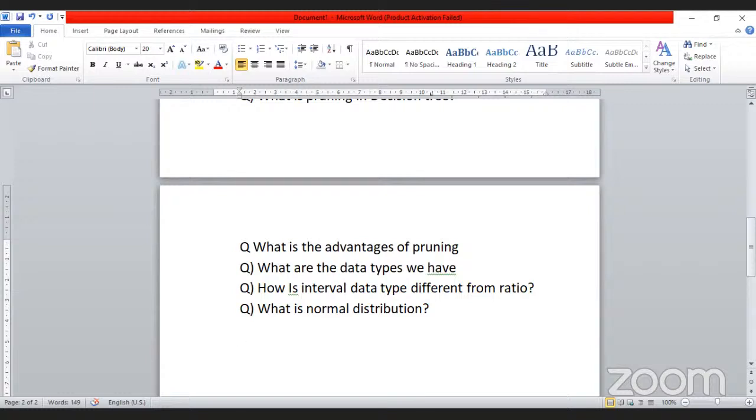The mean of that data should be 0 and the standard deviation is 1. If we calculate the probability over the whole data, that should be 1. So the data have to follow a bell curve form, and the properties of normal distribution are that the mean should be 0 and the standard deviation should be 1.